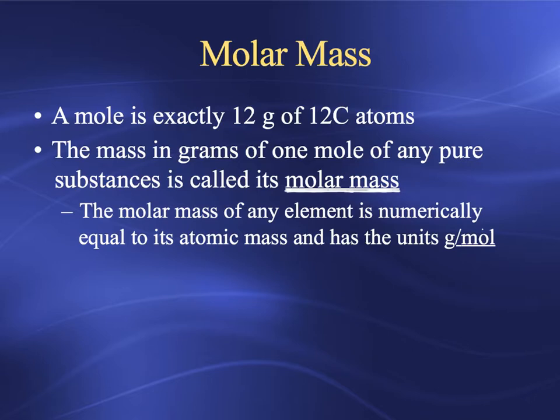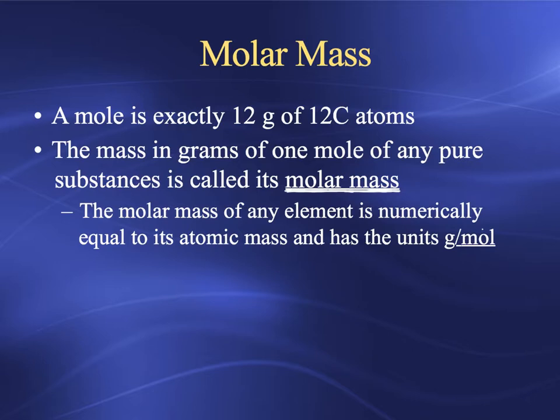If you don't have your purple periodic table sheets with you, you should probably go ahead and get those out because you're going to need those handy for the rest of this section. The molar mass of any element is numerically equal to its atomic mass and has the units grams per mole.